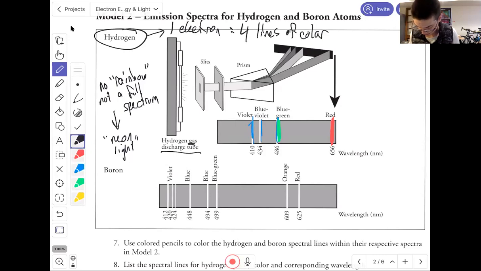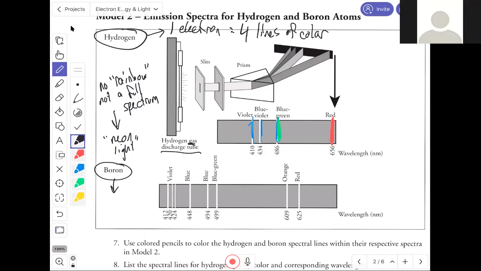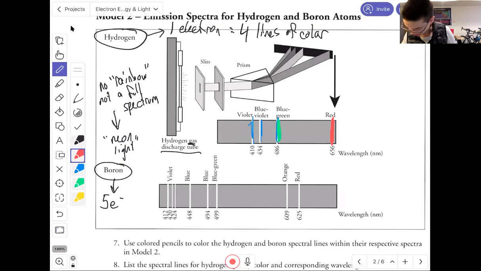Now, boron down here, how many electrons does boron have? 5. It has 5. All right, so it's got 5 electrons. And if I look, I've got a red, this orange, right?